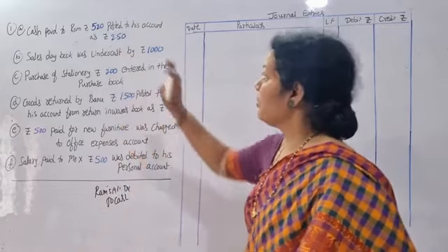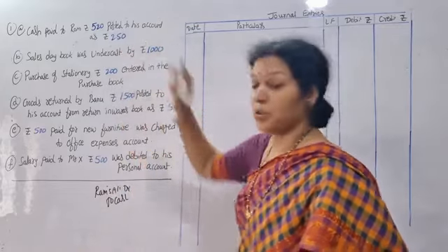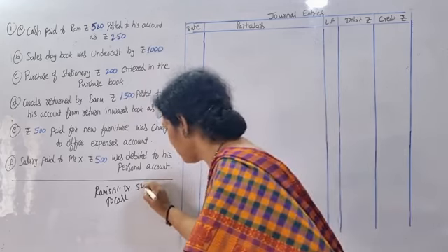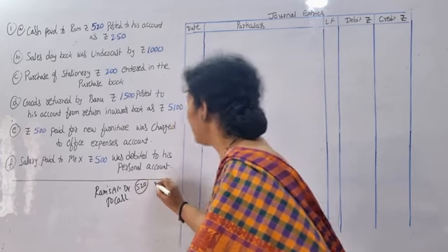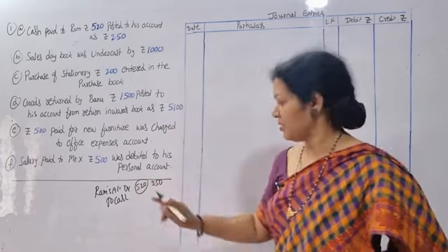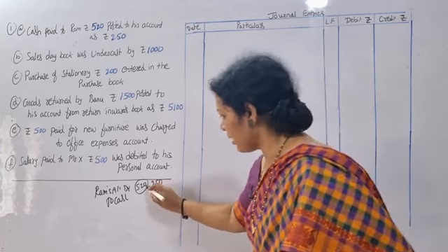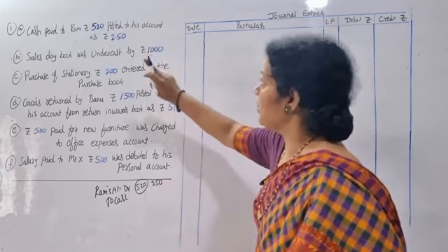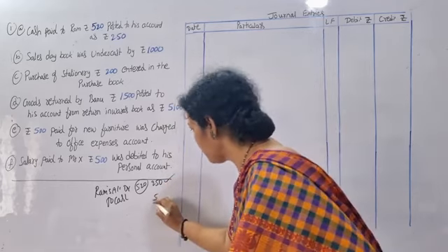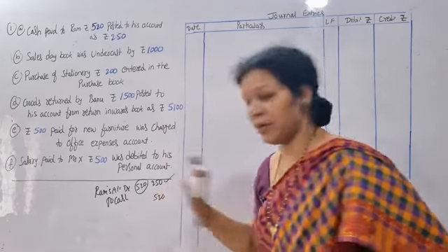How much is the amount? 520. Posted to his account as 250. It is actually 520, but this is posted as 250. The actual amount is 520, so both sides it should be 520.